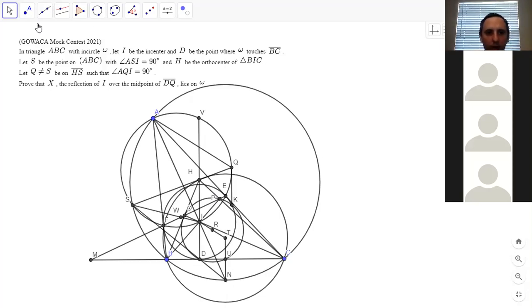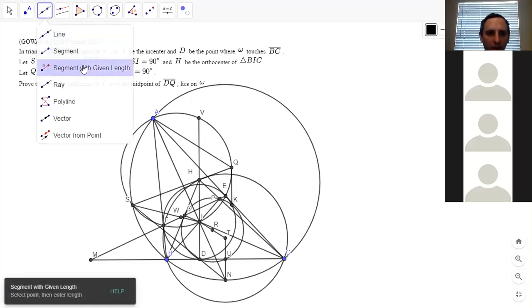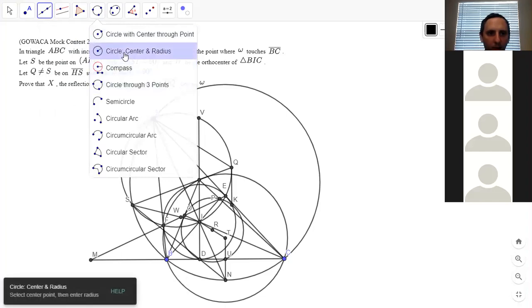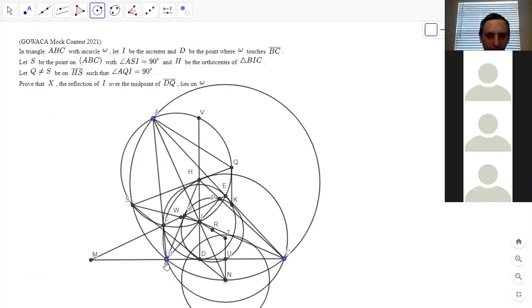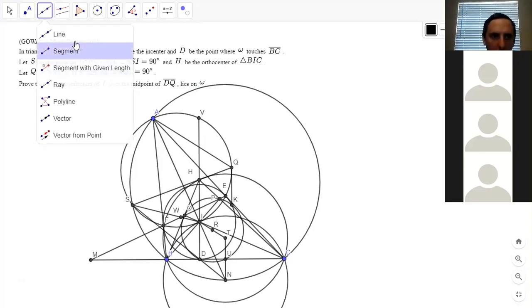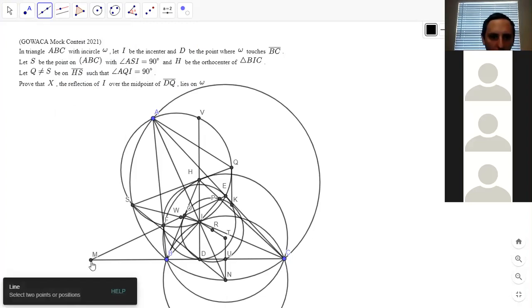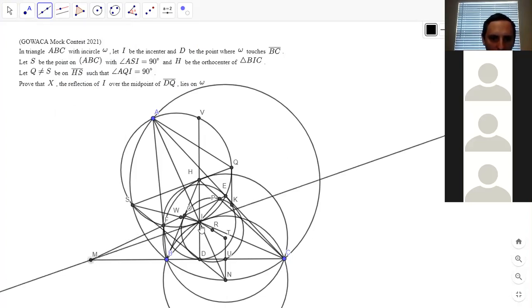N is the circumcenter of BIC, right? And is MI the radical axis? No, MI is not the radical axis.